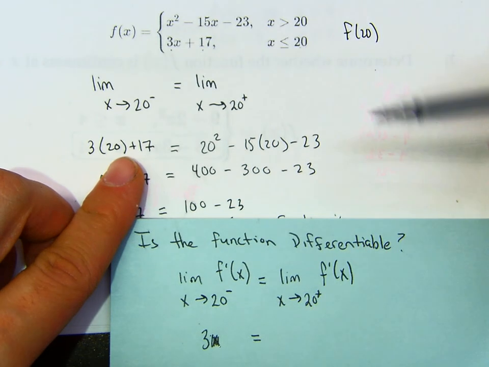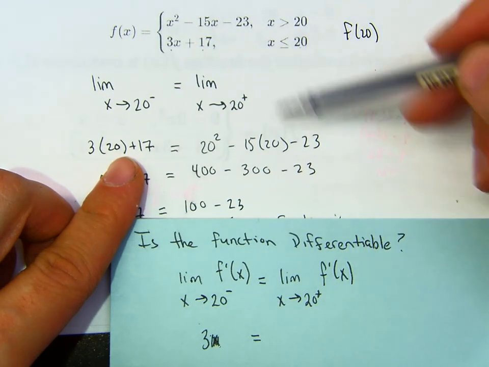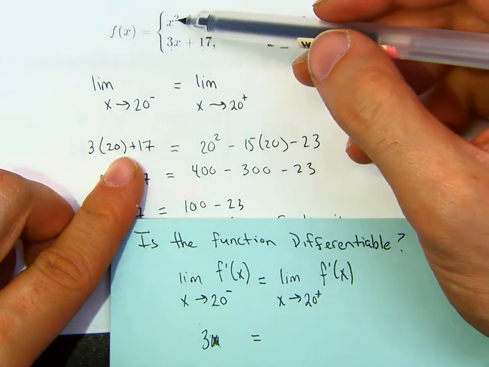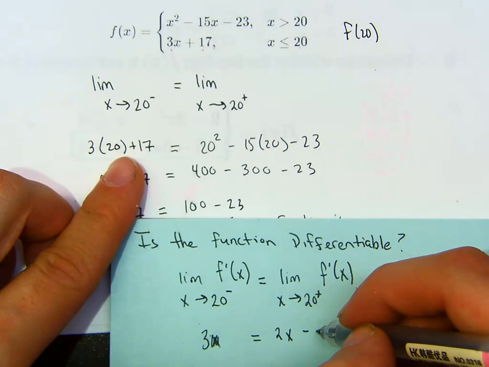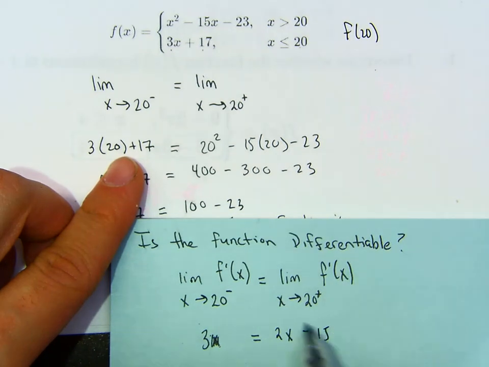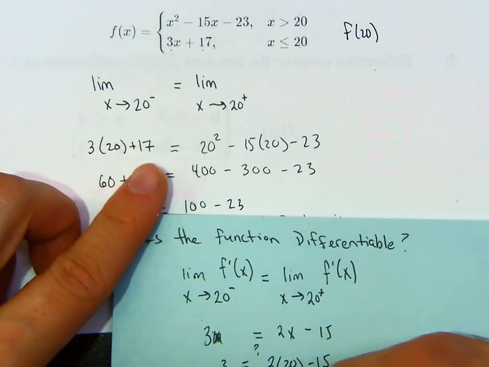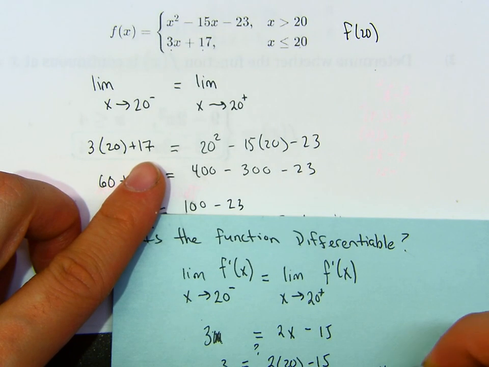You see, now we need to check the derivative of the top and plug in 20. So here, what's the derivative of the top? It's 2x minus 15. But when we plug in 20, does 3 equal 2 times 20 minus 15? Question mark. And this is a no. This is 40 minus 15. 3 does not equal 35. Thus, the function is not differentiable.